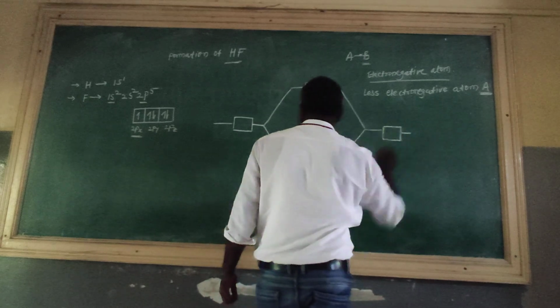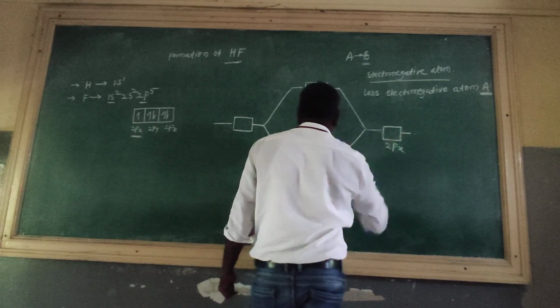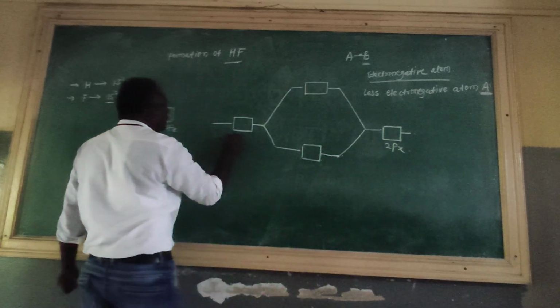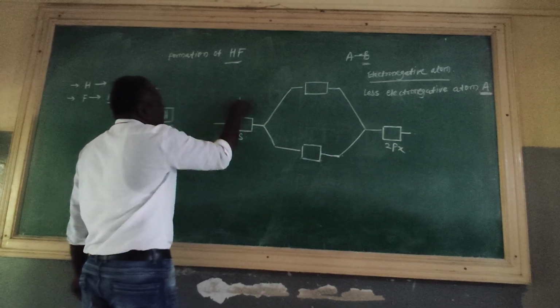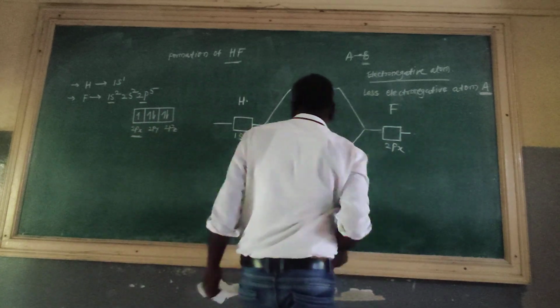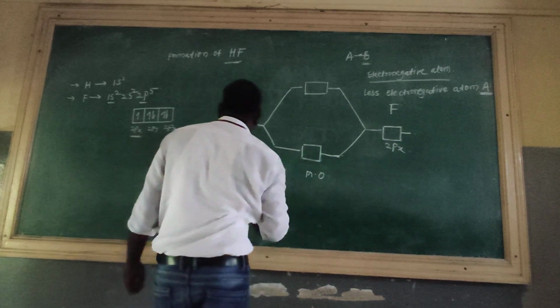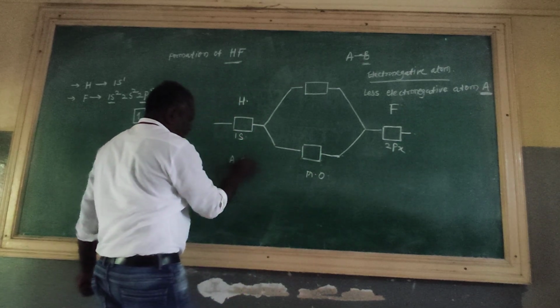This is the 2px orbital of the fluorine atom, and this is the 1s orbital of the hydrogen atom. This is the hydrogen atomic orbital, and this is the fluorine atomic orbital.